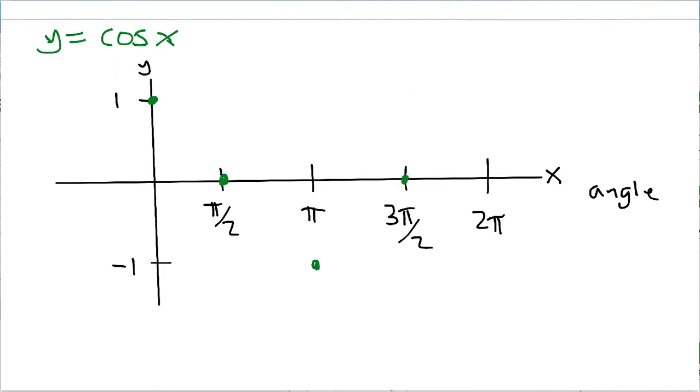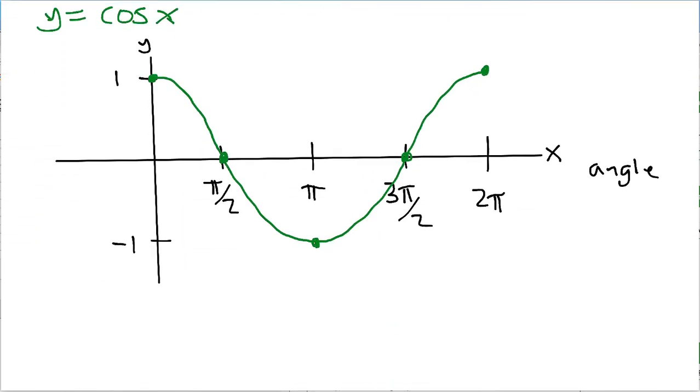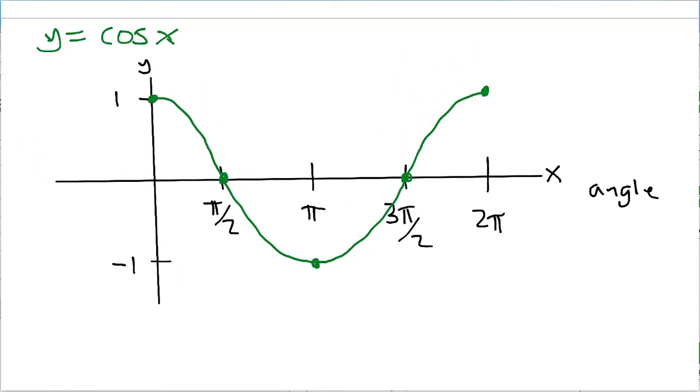Cosine goes back to 0. And then cosine finishes back there at 1. So if you draw that graph, it goes down here, right down here, up here, and right there. And then that repeats.